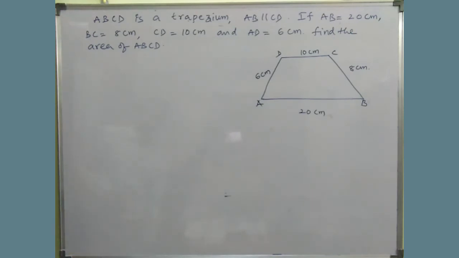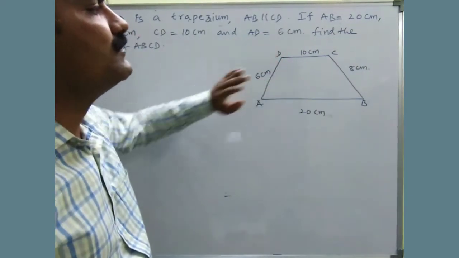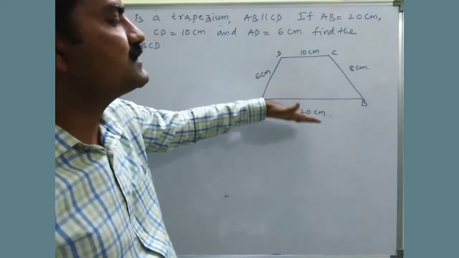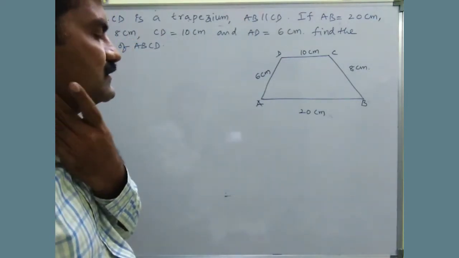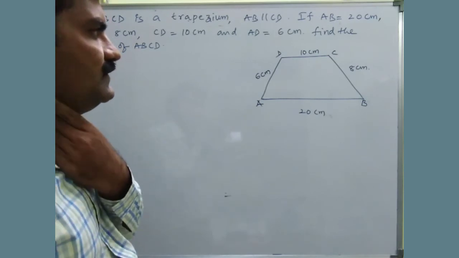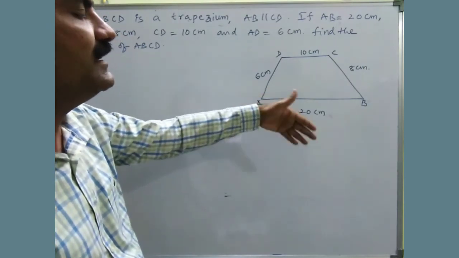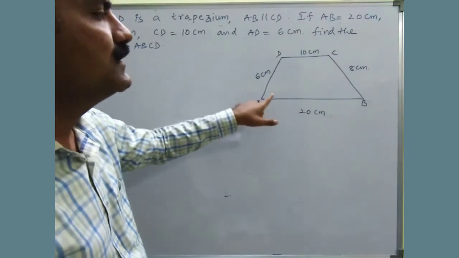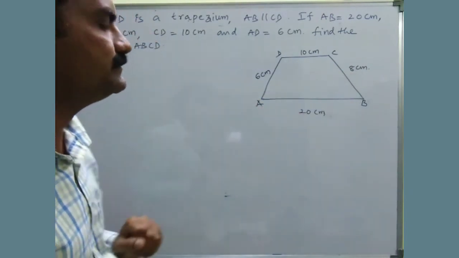See, as per the formula, the height is not given here. If you know the height of this trapezium, then you can solve it very simply, since we already know the sum of the parallel sides, one is 20 and another one is 10. But here they did not provide the height. So the problem can be done like what we did in the earlier problem, by drawing the perpendiculars, dividing into a triangle and maybe a square or rectangle, and finally a triangle.